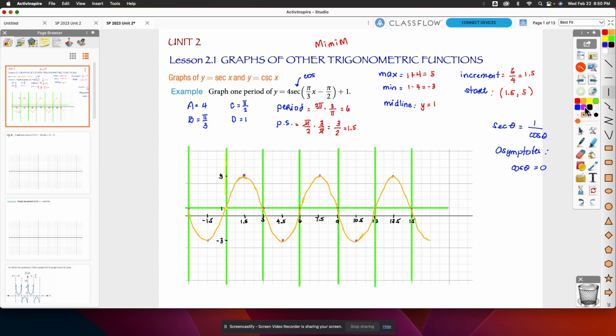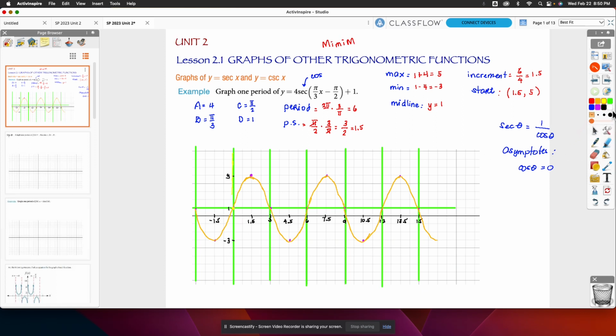So look here. Your secant would look like this. Let me do the blue. So we take this minimum point, and you would have a graph going this way. Take this maximum point, you would have a graph going this way.